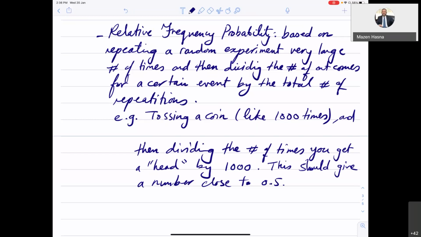Okay, question? Doctor, I have a small question. Tossing a coin is a random event, right? But the definition of a random event is that it should be done the same way but give different outcomes, right? Yeah.